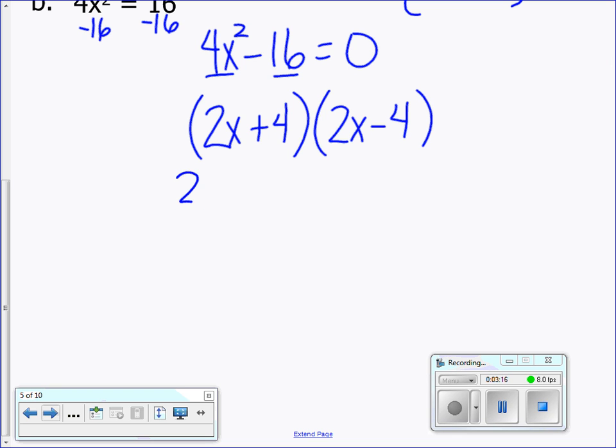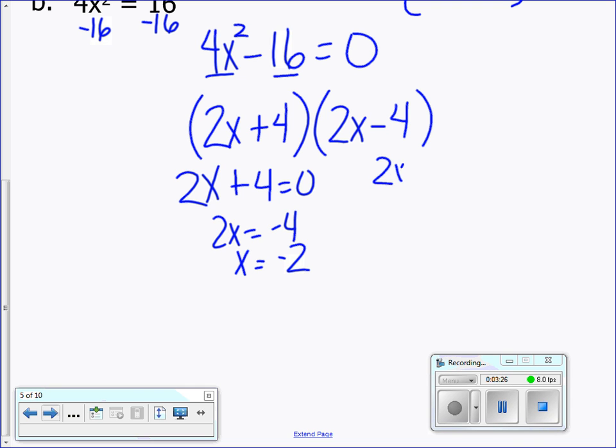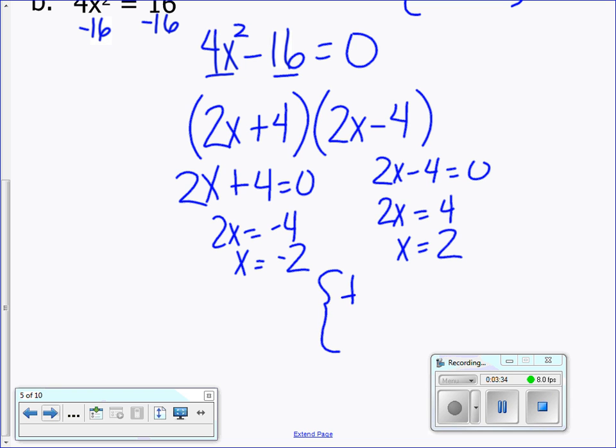Set them both to 0. 2x plus 4 equals 0, 2x equals negative 4, so x equals negative 2. 2x minus 4 equals 0, 2x equals 4, so x is equal to 2. So my answer is plus or minus 2.